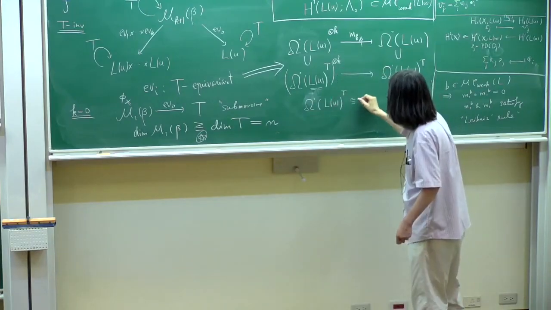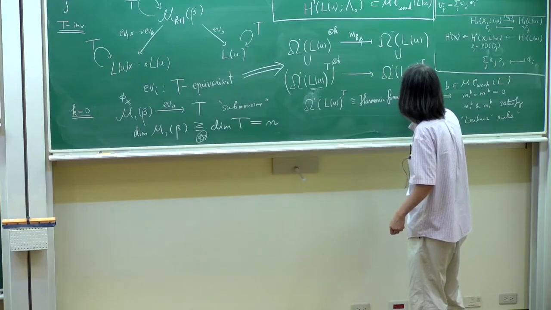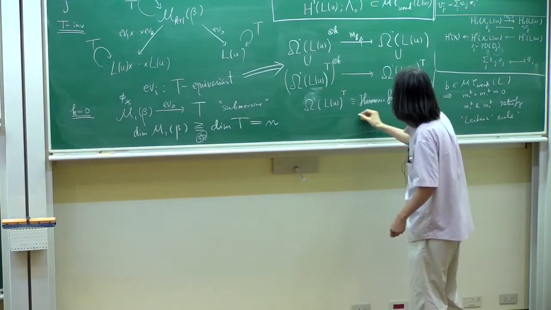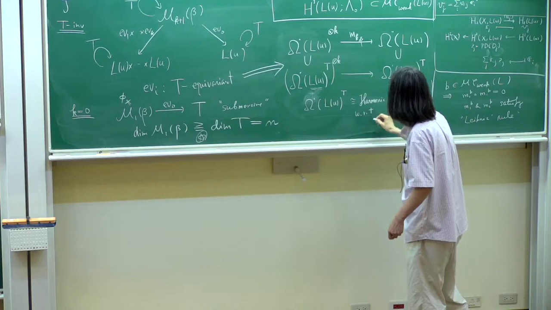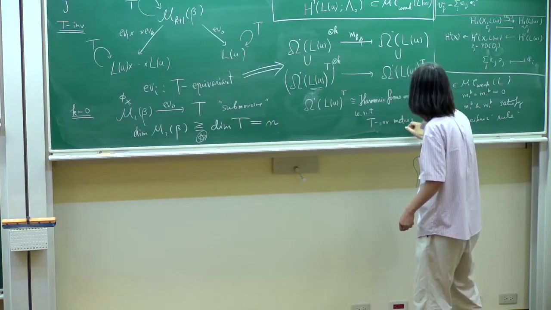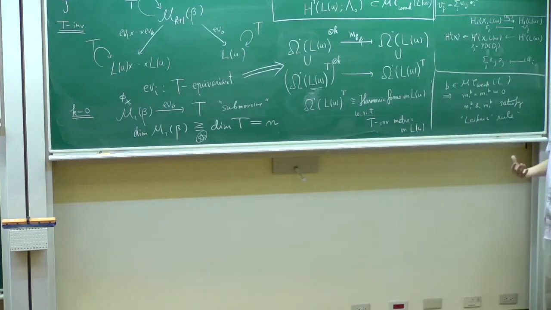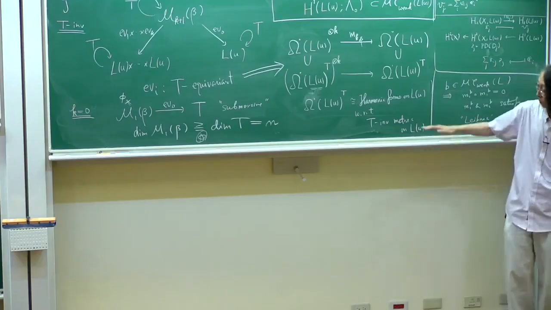This is actually the harmonic forms on Lu with respect to the T invariant metric on Lu. So consider a T invariant metric and then consider harmonic forms with respect to this metric.